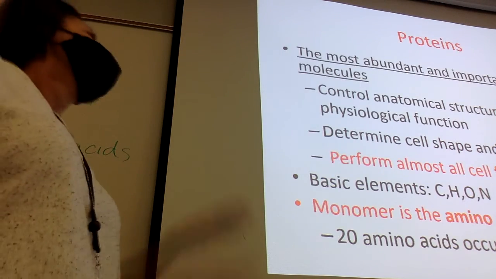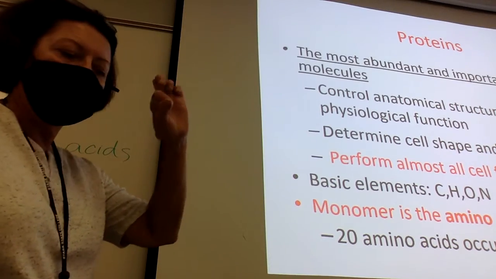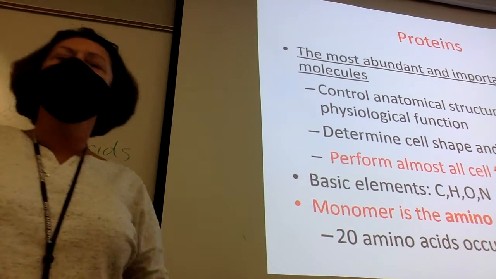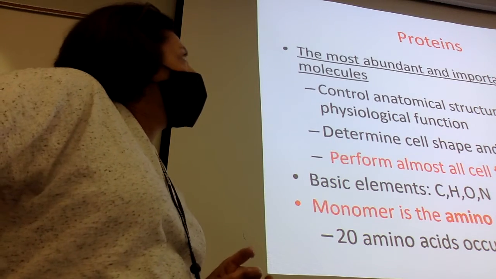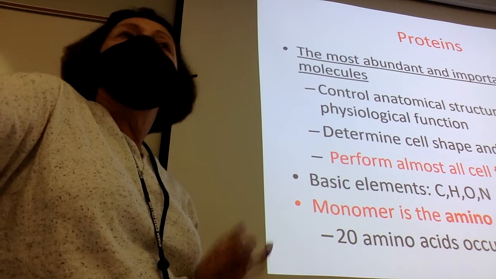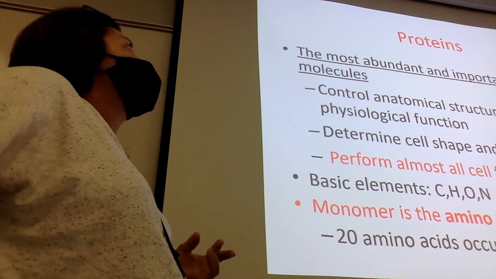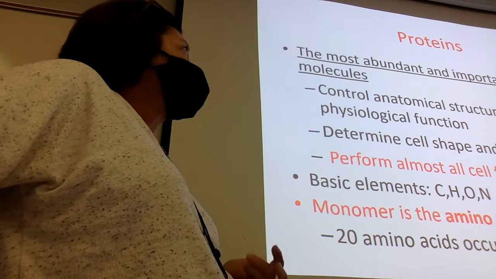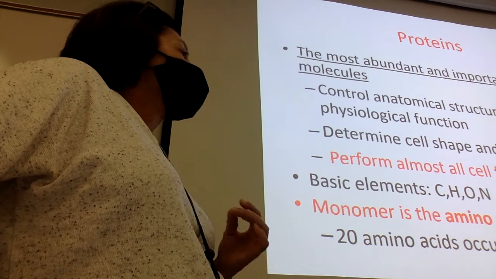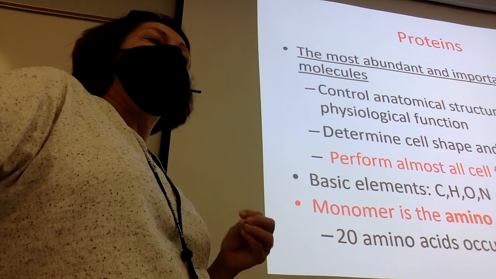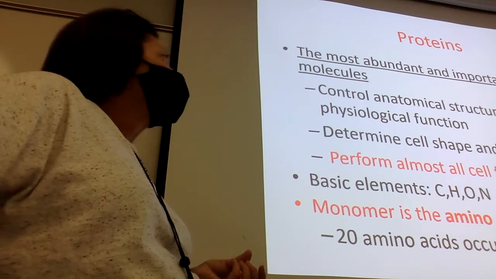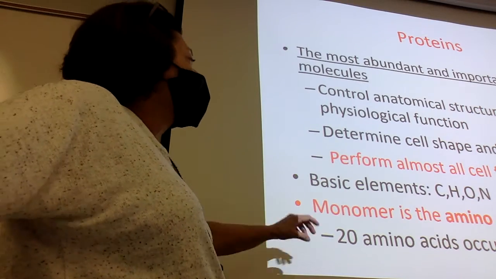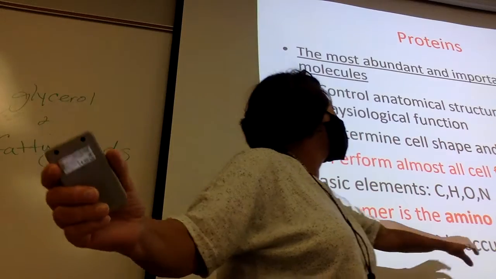All right, proteins. The third kind of macromolecule is proteins. A lot of people will say these are the most important organic molecules in our body. They are definitely the most abundant. Proteins are what make you look and function the way you do. The monomer that makes up proteins is amino acids.